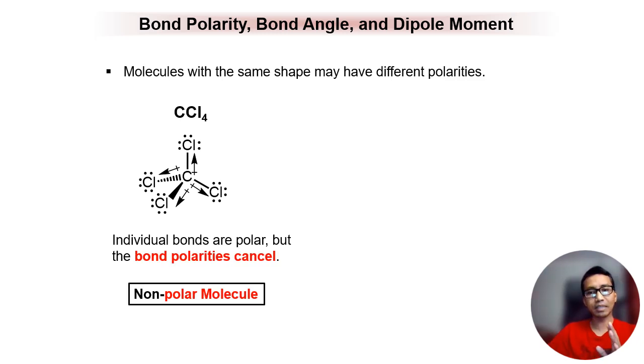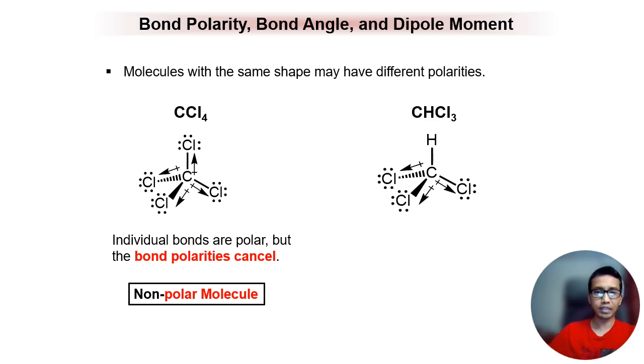But let's look at a similar molecule with the same structure. So you have, in this case, carbon attached to 3 chlorine and then 1 hydrogen. In this case, once again, you'll have the resultant right down here.